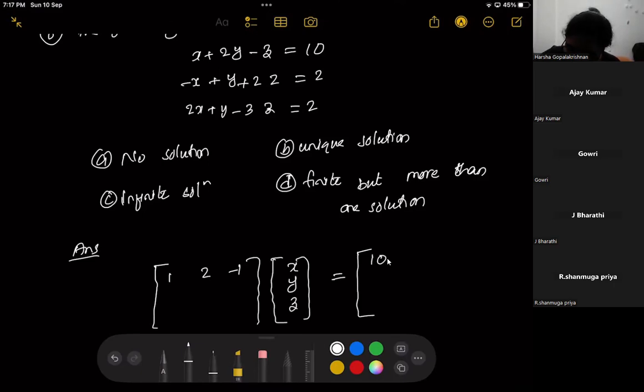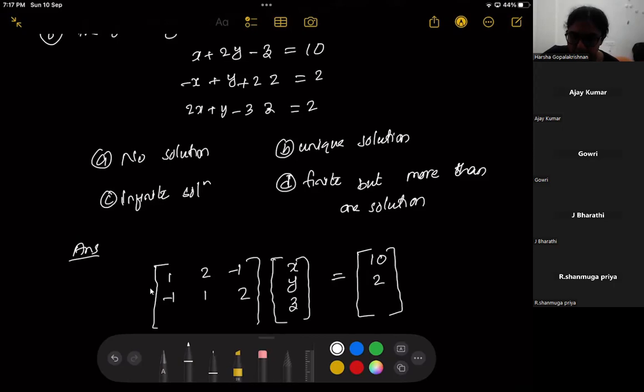Now again we will write the second equation like this. What is the second row here? Minus 1, 1, 2. And on this side, 2.